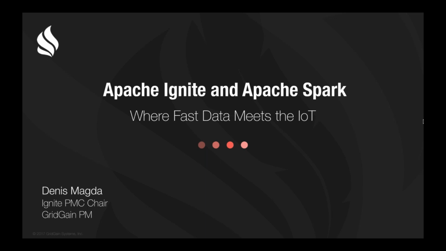Hello, everyone. Today, folks, we are going to discover one of the real use cases where Apache Ignite and Apache Spark are both widely used. Specifically, we are going to look into IoT use cases, and how both these technologies can help us build IoT-enabled applications and infrastructure.